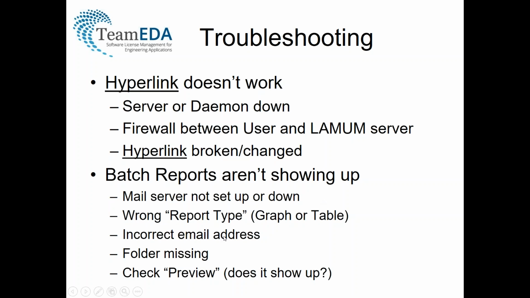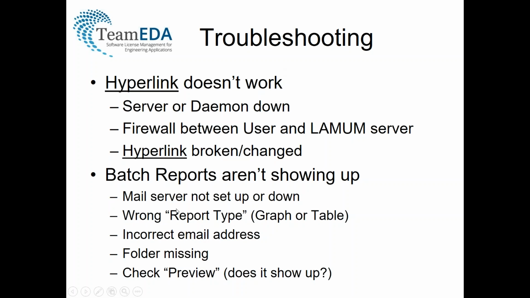Or if you have an incorrect email, you ask to have it sent by email, and for some reason the email address changes, and that email address is no longer valid. So you can go in there and change that. Folder missing, again, it won't deliver if the folder's missing. And again, you can use that preview to see if it still works. If it's still showing up as a preview, then there's something else wrong.